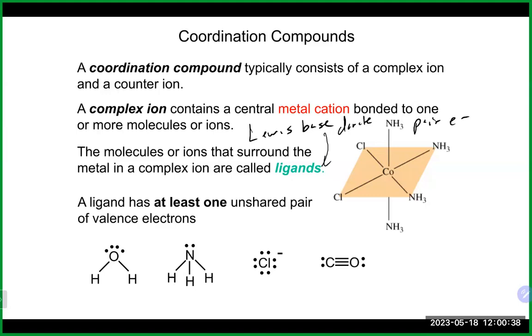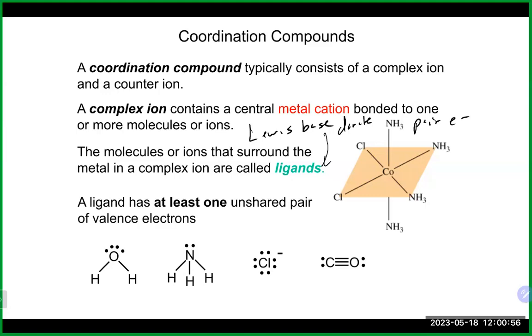So polar molecules that have non-bonding electrons on an electronegative atom, and species that are negatively charged to begin with, typically make pretty good Lewis bases or ligands.